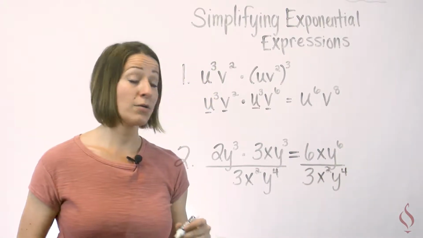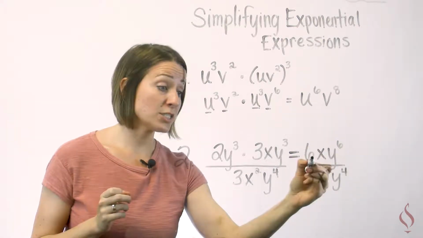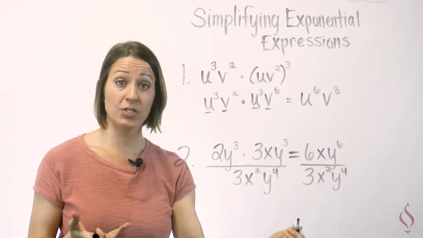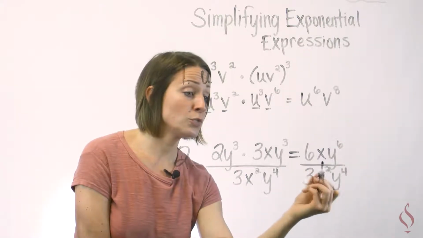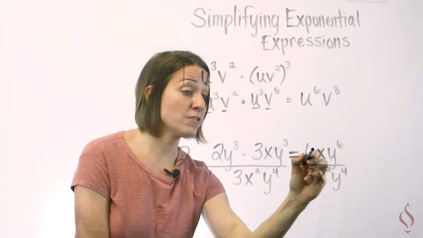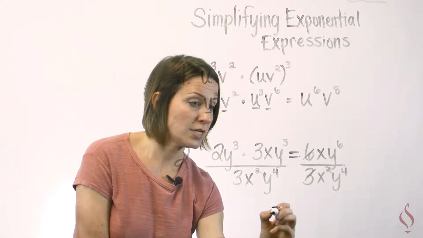All right, now we're ready for the second part. We have it down to one expression over another expression. And so this is when we can use the quotient rule. The quotient rule says we're going to simplify these coefficients, these whole numbers, and put our answer down here.